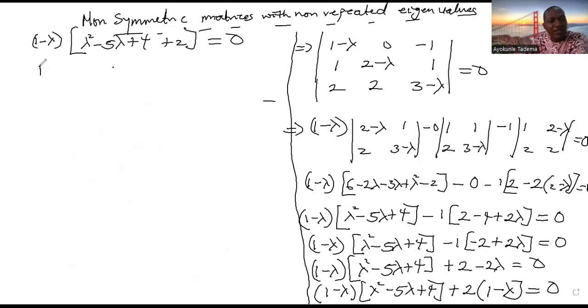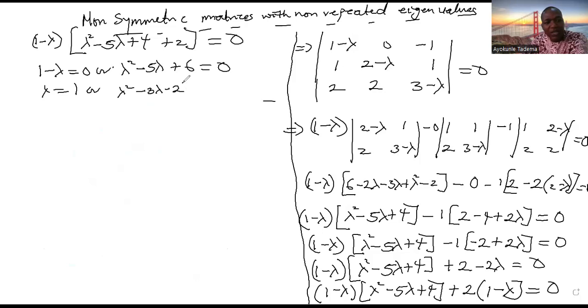It's either the first one is equal to 0, or the second one, lambda squared minus 5 lambda plus 6, is equal to 0. Meaning that lambda equals 1, or we factorize the other one: lambda squared minus 3 lambda minus 2 lambda plus 6 equals 0.